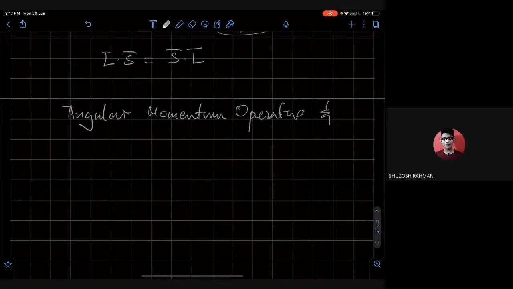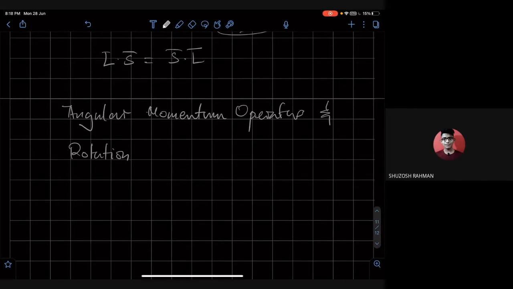We are calling this angular momentum, but what does it have to do with rotation in quantum mechanics? In quantum mechanics, there is no particle, there are no things. What does it mean for things to rotate in quantum mechanics?